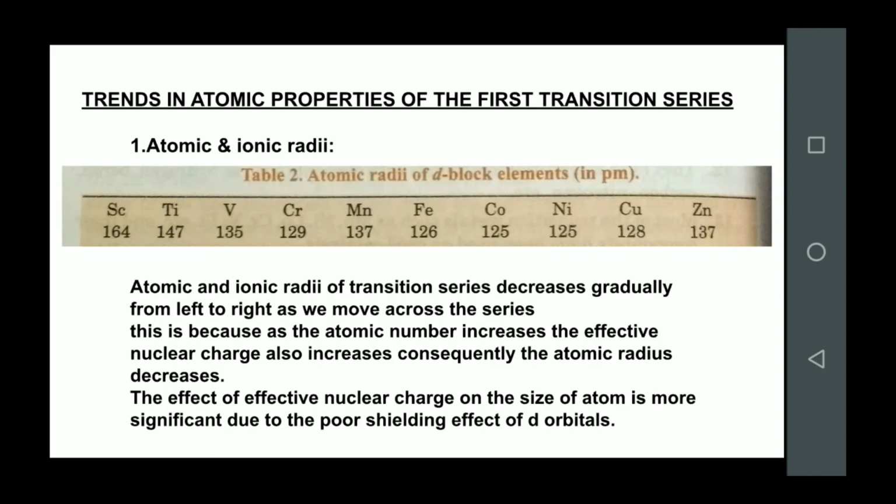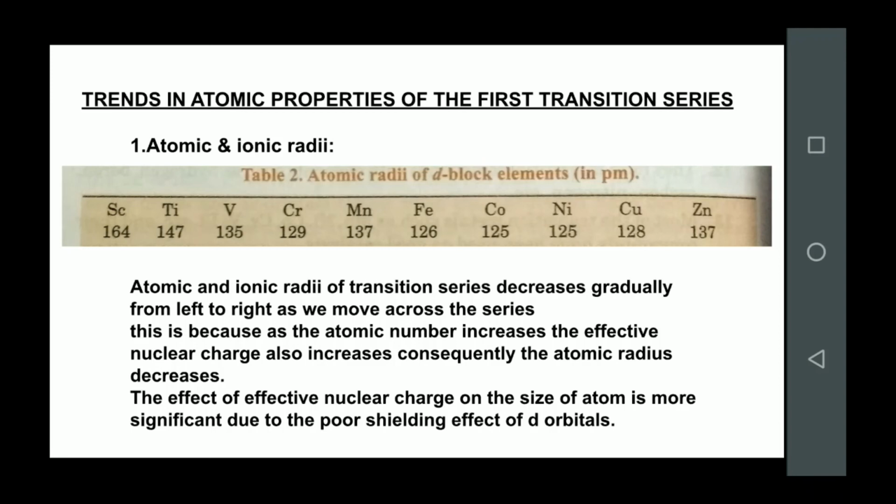Now in zinc we observe a slight increase in size. Here the size is not decreasing. Why? Again, the electrostatic repulsion between electrons is maximum, as the d orbital is completely filled. There are 10 electrons. The electron present in the 4s orbital is shielded nicely by the d orbitals, and it has the biggest size.